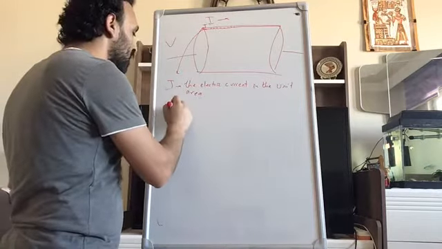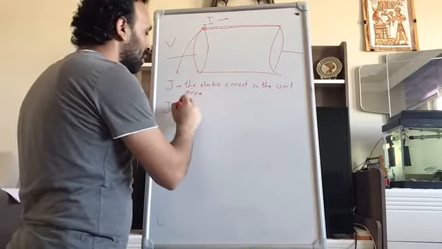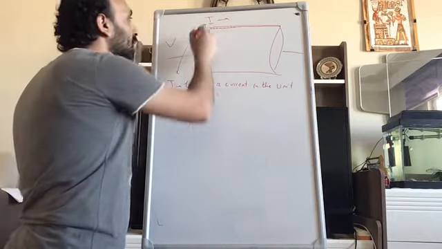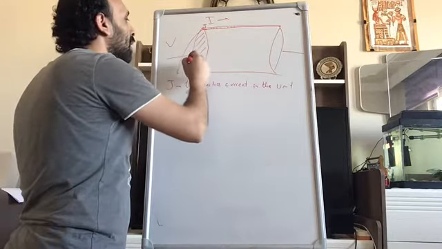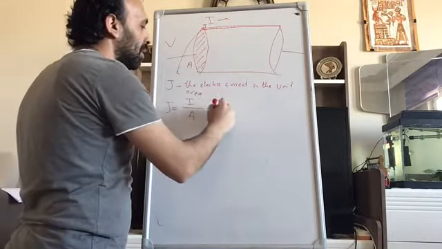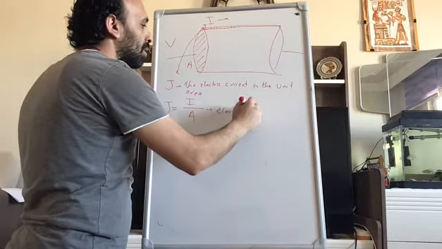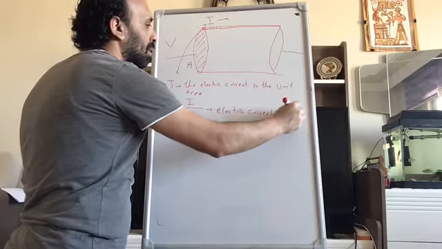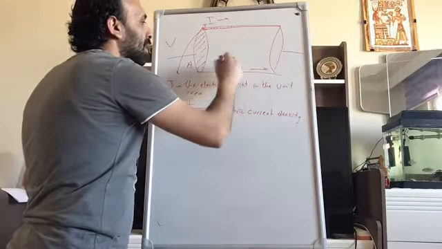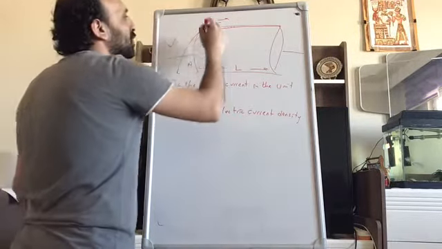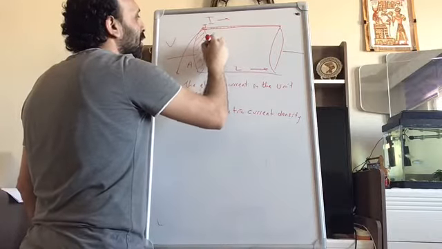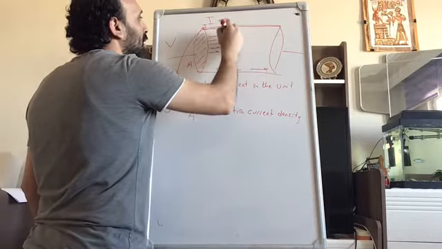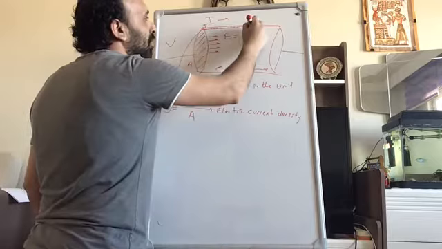So J will be equal to I, the current, over A, the cross-sectional area. And we call it electric current density. Let's say L is the length, so that potential difference will generate an electric field here. The electric field can be written as V over L.